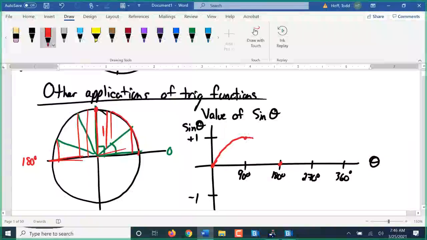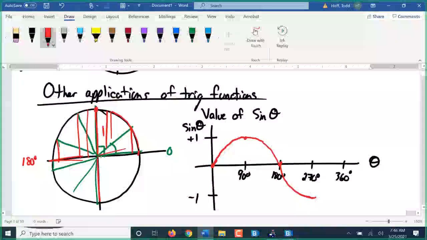And then, of course, this does the similar thing down below in the negative side of our reference axis. The sine gets more negative until at 270 degrees, the sine is negative 1. And as we go back the other way, at 360, we get back to 0.